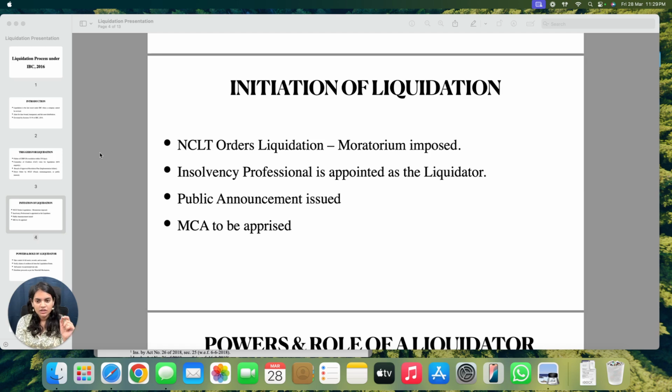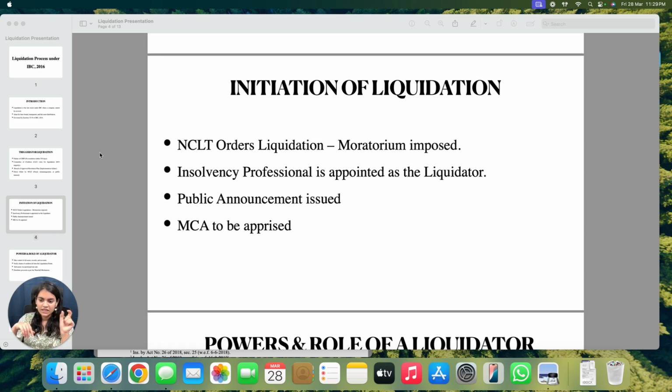So once the order for liquidation is passed, the liquidation is considered to have commenced. Upon the appointment of the liquidator, within 5 days of his appointment, a public announcement shall be issued. Similar to the CIRP process, a public announcement will contain the basic details of the corporate debtor, and it will contain how and where and by when claims of the stakeholders are invited.